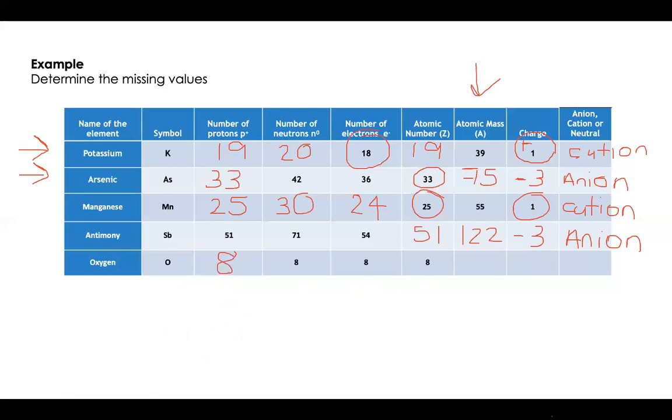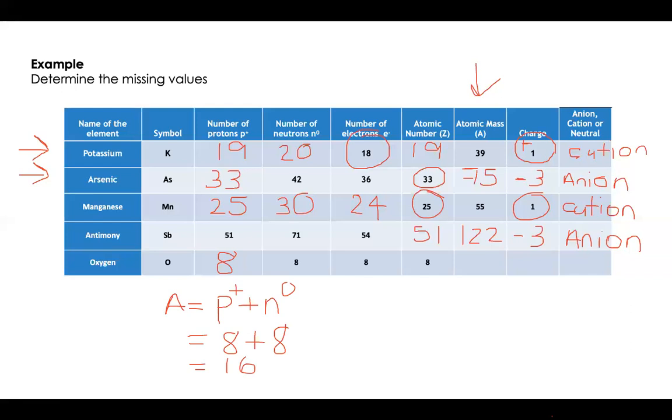Okay? The atomic mass is going to be equal to the number of particles that we have in the nucleus. Okay? So A is going to be equal to protons plus neutrons. So this will be 8 plus 8, which is 16.